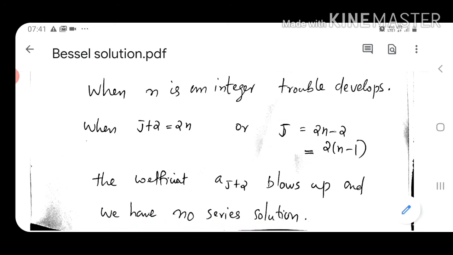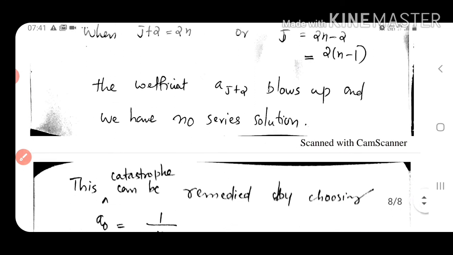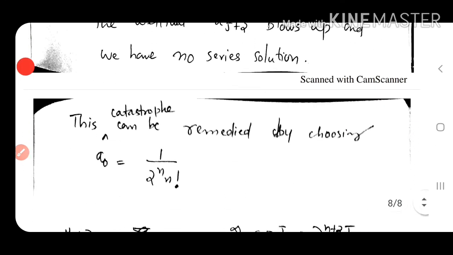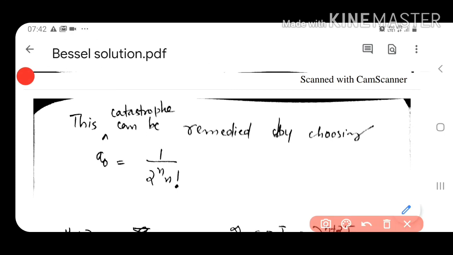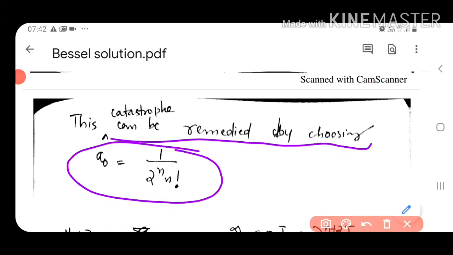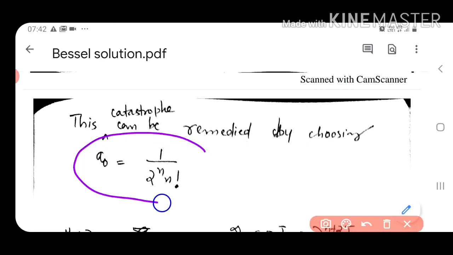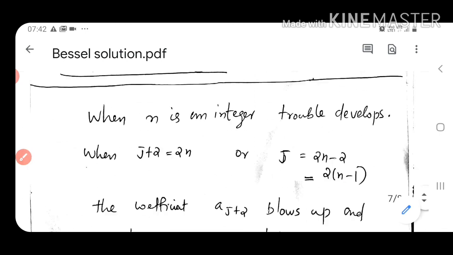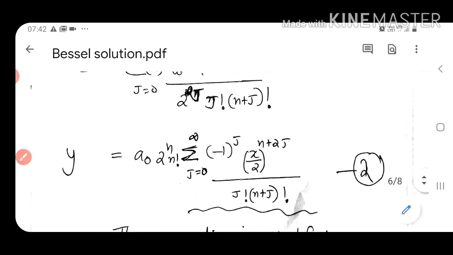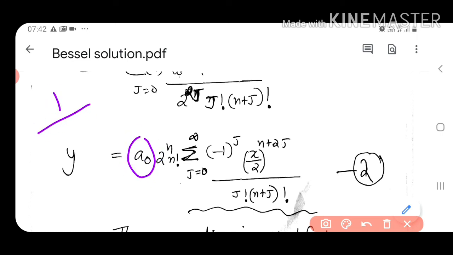So this is the problem when n is an integer. This catastrophe can be remedied by choosing a0 equal to 1 by 2 raised to n factorial. So here this a0 is chosen as 1 by 2 raised to n factorial.